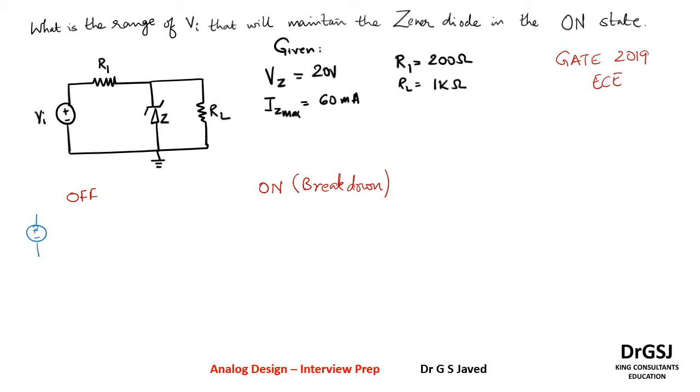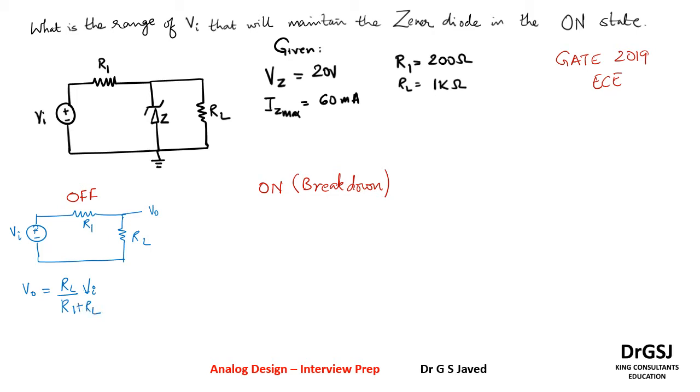When the Zener diode is off, we only have the supply voltage Vi, resistance R1 and the resistance RL. Let the output at the load resistance be called V0. So V0 is given as the voltage division ratio times the input supply, that is RL by R1 plus RL times Vi.